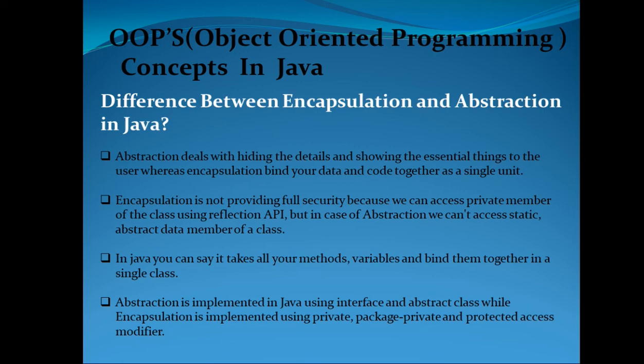You can say it takes all your methods and variables and binds them together in a single class. Abstraction is implemented in Java using interface and abstract class, while encapsulation is implemented using private and protected access modifiers.